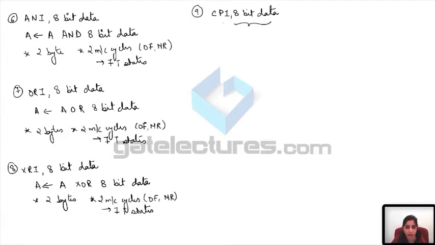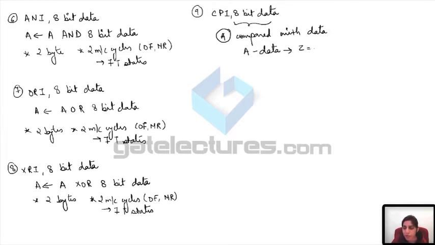We are not subtracting, we are just comparing. So this data is going to be subtracted from the accumulator, and based on the status of carry flag we are going to judge whether the contents of A are bigger or the given data is bigger. A is compared with data. So actually A minus data is going to be performed.